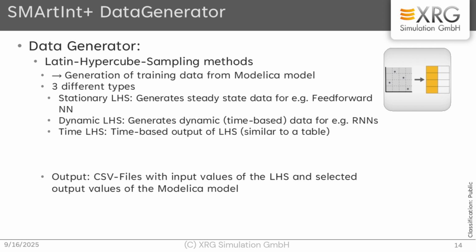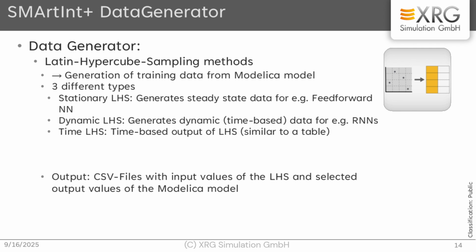We can use that to get data for feed-forward neural networks. Then for dynamic components we also have a dynamic Latin hypercube sampling block. This one is time-based, and it stores data every 10 seconds or whatever time we define here.